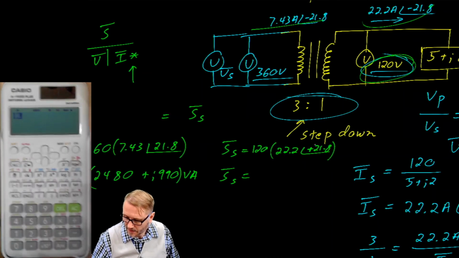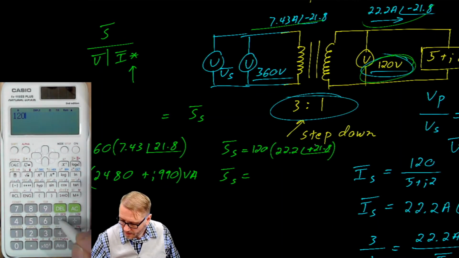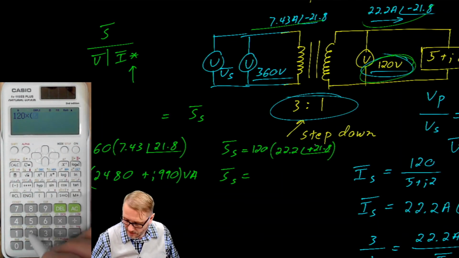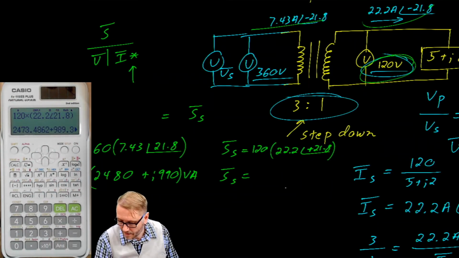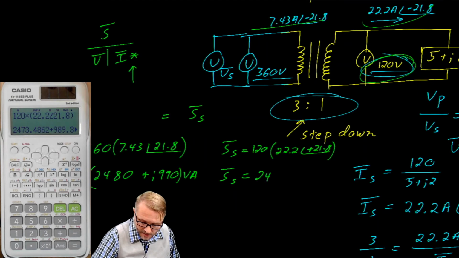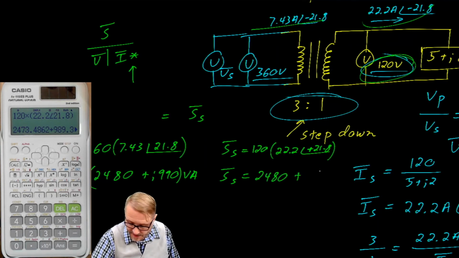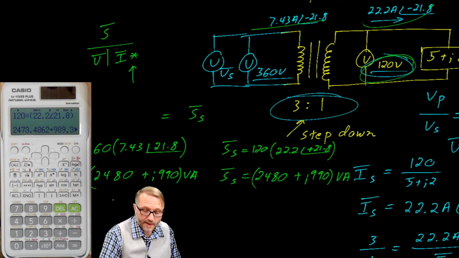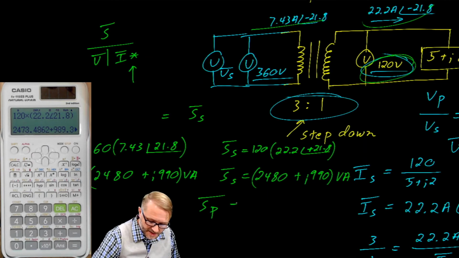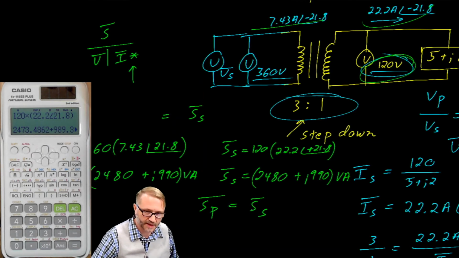Let's try it again. So 120 times 22.2 at a phase angle of 21.8 should give us about the same number. So we'll call that 2480 plus 990j volt amps. So within the rounding errors, looks like that's true. The complex power in the primary is equal to the complex power in the secondary.